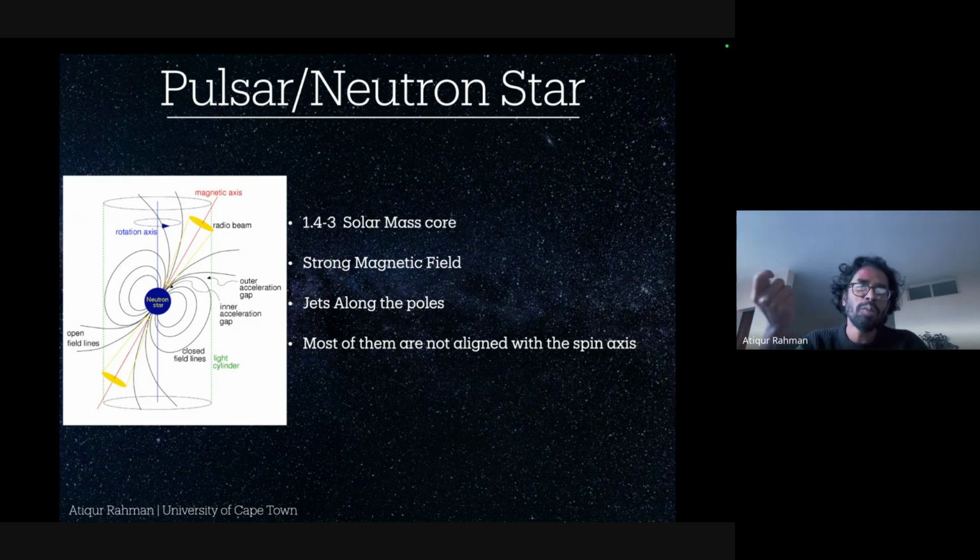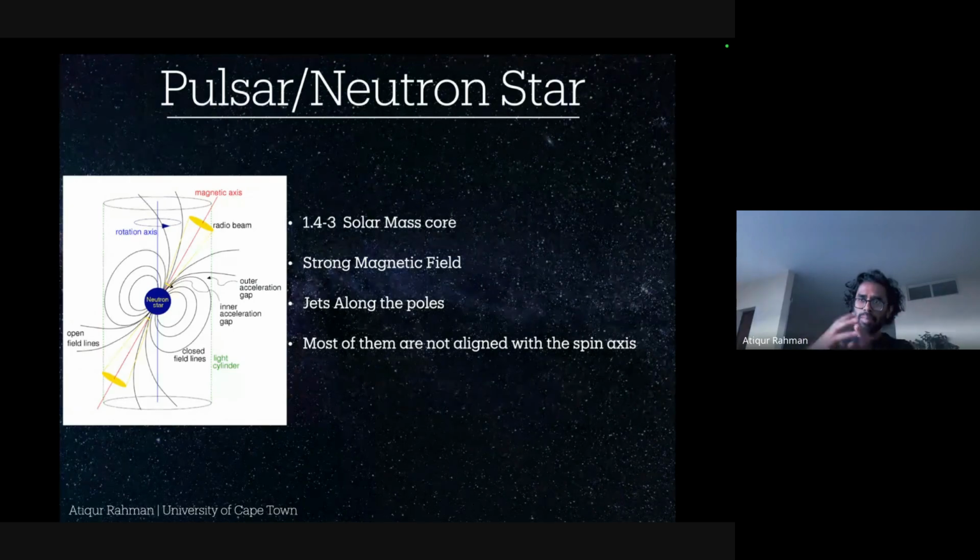But the property we care about here is the radio beam that goes through this magnetic axis or near the magnetic axis. So what happens is, where it used to spin around its own axis, right? And then it collapsed. So what will happen according to the conservation of angular momentum? As the mass concentrates in a very small place, the angular momentum will increase very, very fast, right?